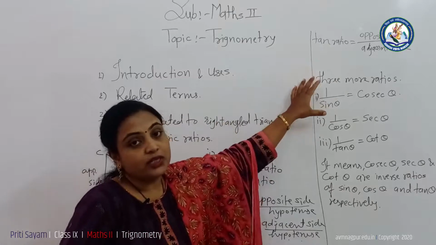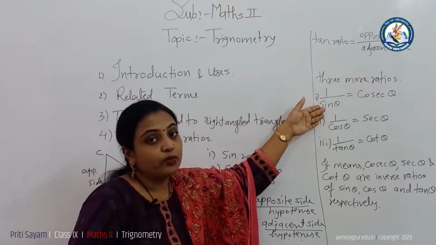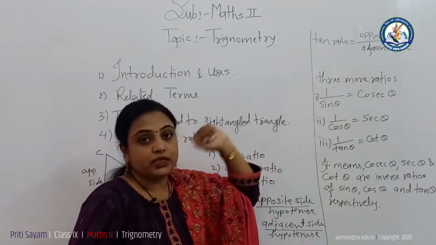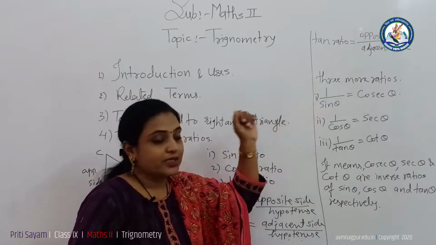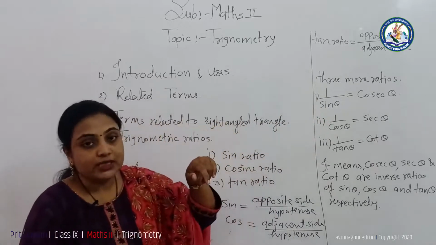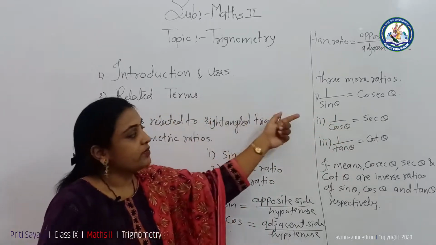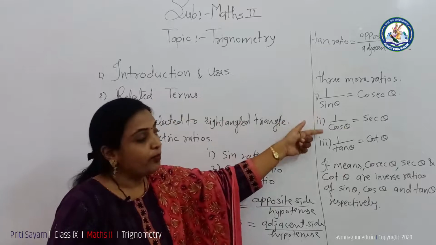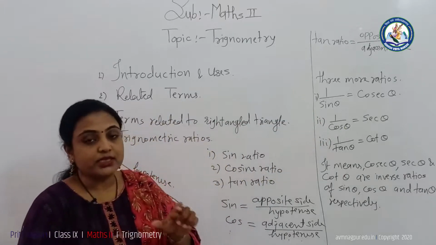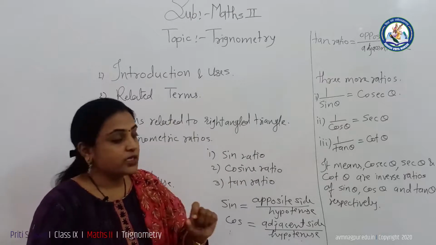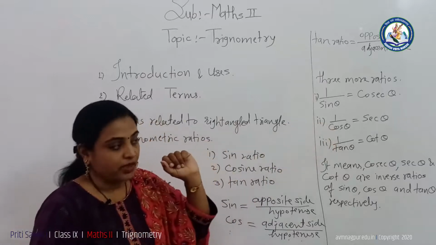On the basis of sides, hypotenuse upon opposite side means cosec theta. Then sec theta means 1 upon cos theta, the inverse of cos theta. Because the cos ratio is adjacent side upon hypotenuse, sec theta means hypotenuse upon adjacent side.